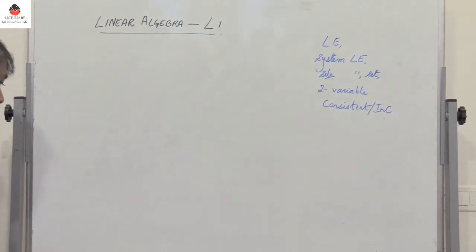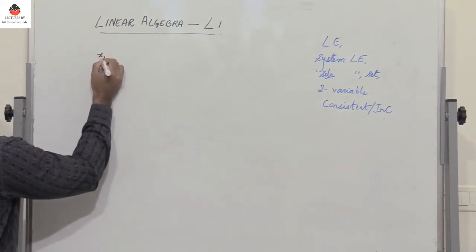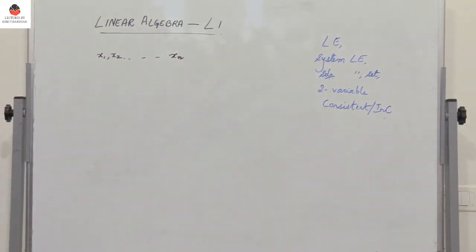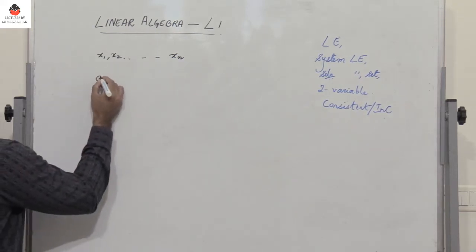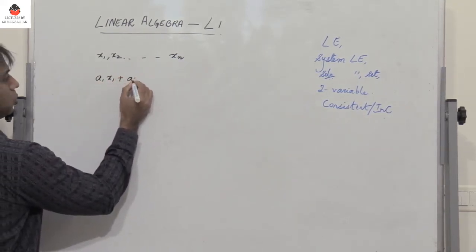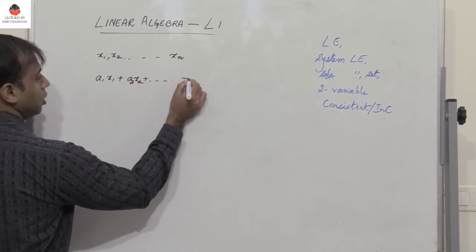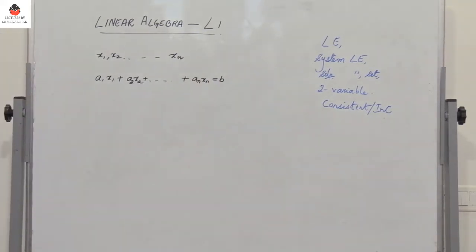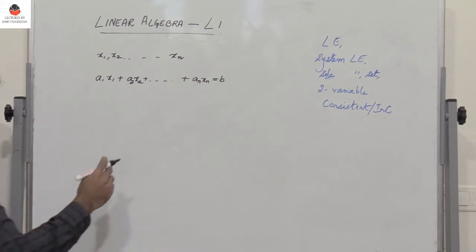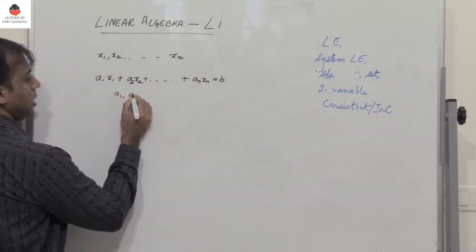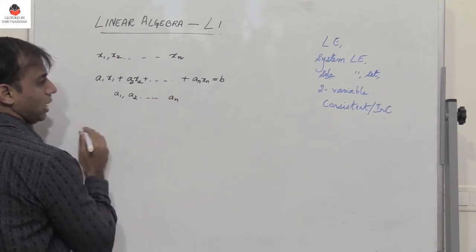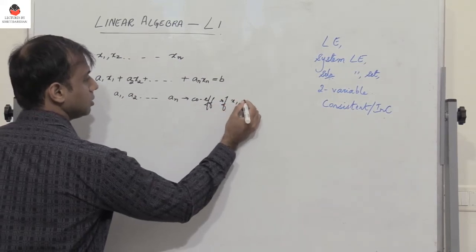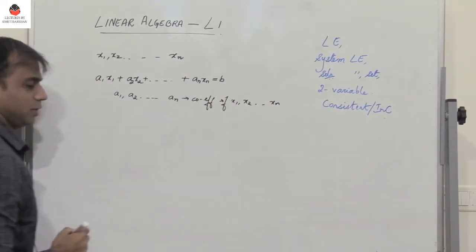Now what is a linear equation? Let us consider variables x1, x2 up to xn. Any equation of the form a1 x1 plus a2 x2 plus so on plus an xn equal to b is referred to as a linear equation, where a1, a2 and so on up to an are the coefficients of x1, x2 up to xn respectively.